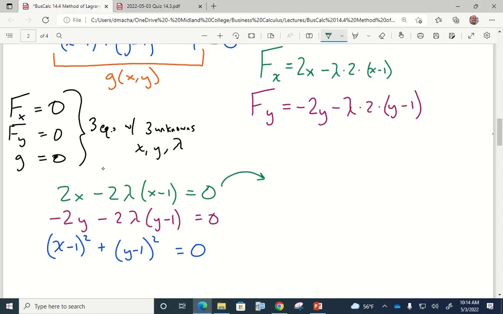I'm going to just rewrite these to simplify. So if I divide both sides of this first equation by 2, I can get rid of the 2's, and then I'll distribute the lambda. So I'll have x minus lambda x plus lambda equals 0.